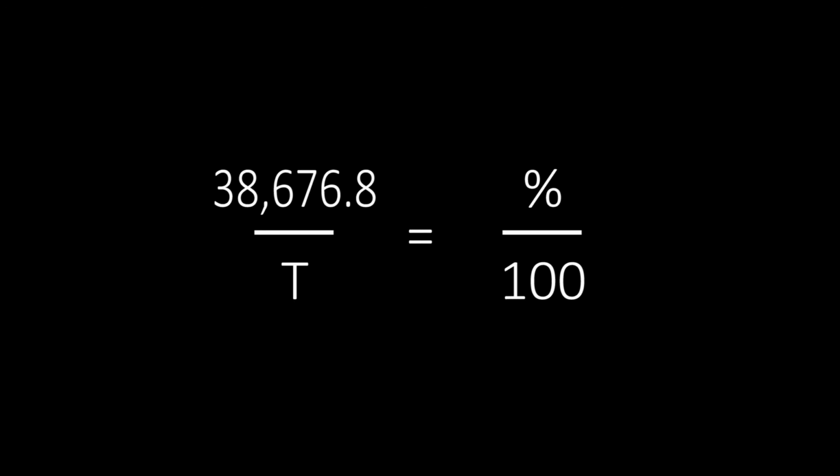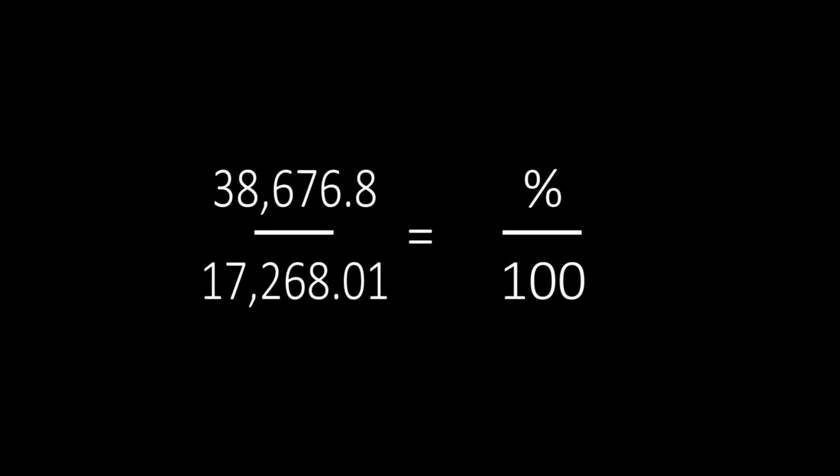This is our part value. Plug it into the formula and now the total is the starting value. And yeah, in this case the part is bigger than the total because it actually increased more than what it already was. So this percentage is going to come out over 100%.